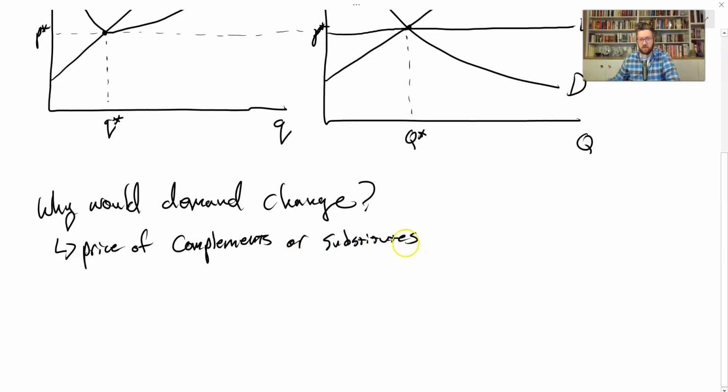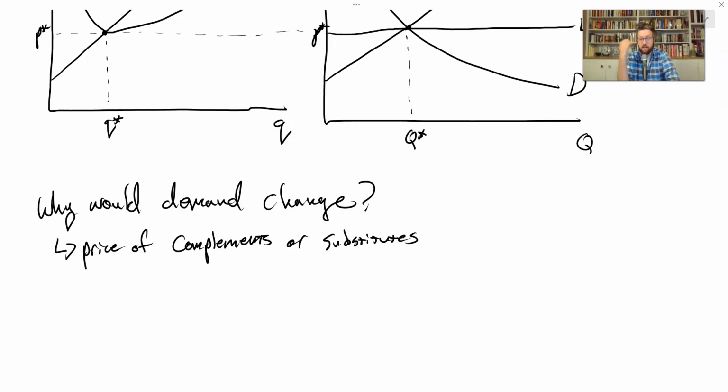So complements are goods that naturally go together. So if, for example, this is the demand for Xbox controllers and the price of Xbox consoles goes down, it's going to increase the demand for the controllers. Substitutes are goods that you don't need both. You sort of need one or the other.